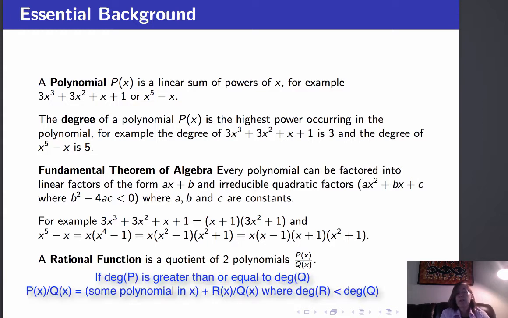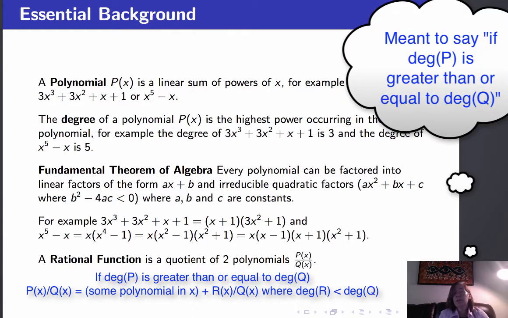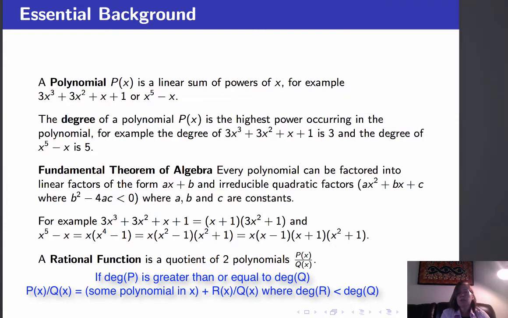So I can use long division to write this rational function as a polynomial plus a new rational function, which is the remainder polynomial divided by q of x.